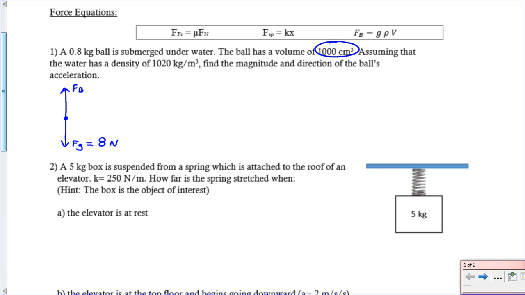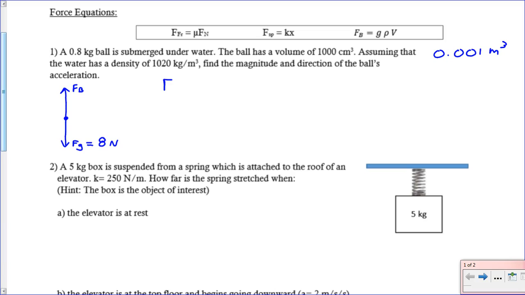So instead of 1,000 centimeters cubed, we end up having 0.001 meters cubed. We have to make everything in the right units. If you have any further questions about that conversion, come in and ask me and I'll explain it to you.